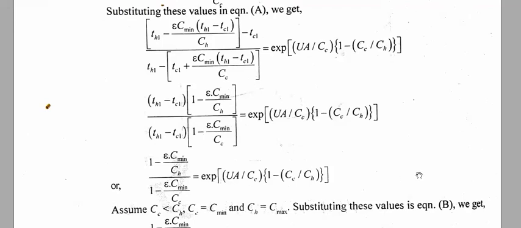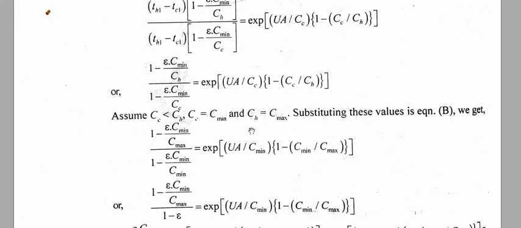Now we put a condition that Cc is smaller than Ch, so Cc is equal to C minimum and Ch is the maximum. By substituting all these values in the above equation, we will get (1 minus effectiveness C minimum by C maximum) upon (1 minus effectiveness) equal to exponential of UA by C minimum into (1 minus C minimum by C maximum).